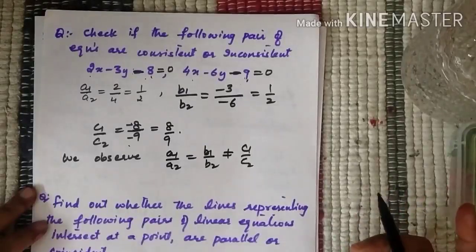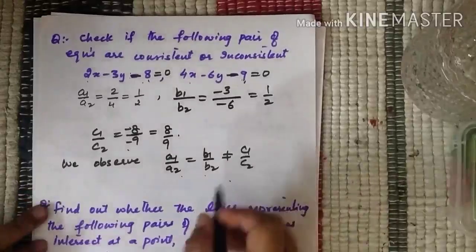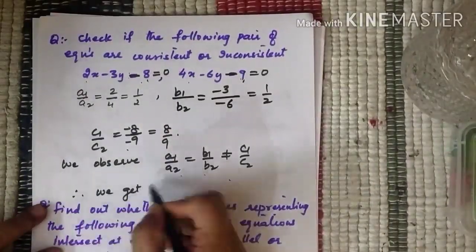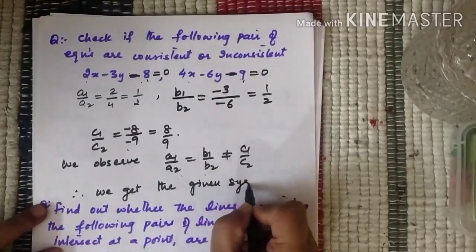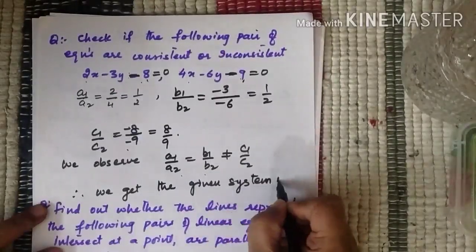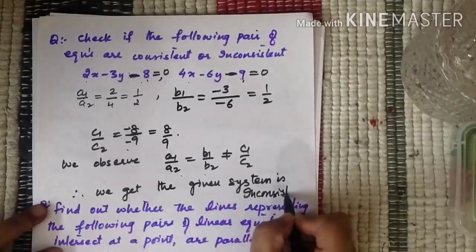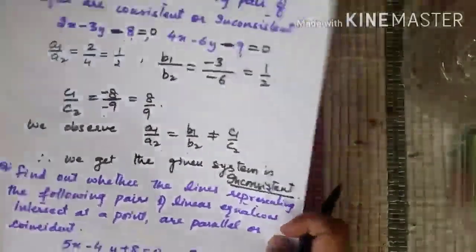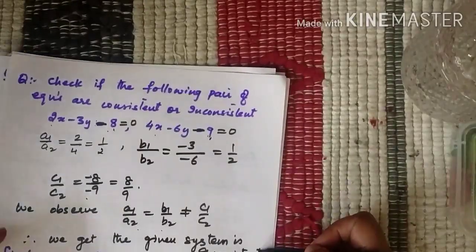And for no solution the condition was the first two equal but not equal to the ratio of constants. Therefore we get that the given system is inconsistent. This is no solution, that is inconsistent. So we need to answer according to the question. If the question is asking consistent or inconsistent, I am right in giving the answer in that particular form.